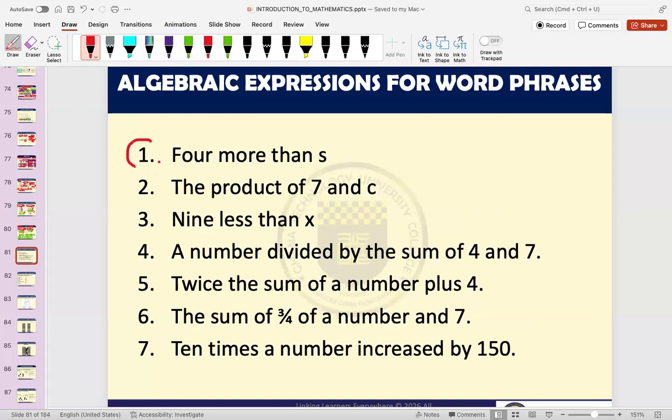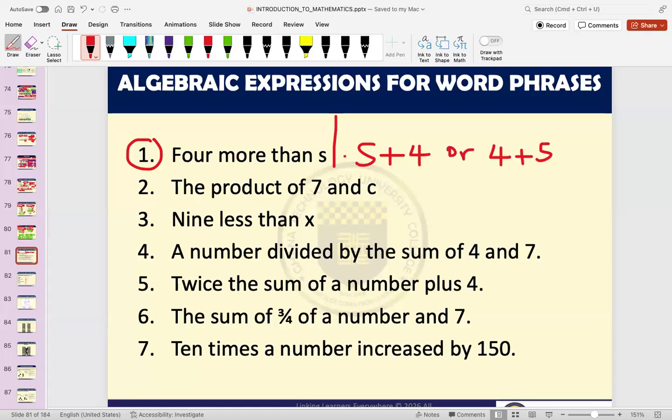So the first example is 4 more than S, the letter S. Just as I was explaining to Abraham, you can write this one in 2 ways. You can write it as S plus 4 or 4 plus S. 4 more than.